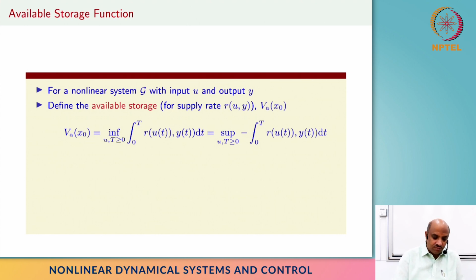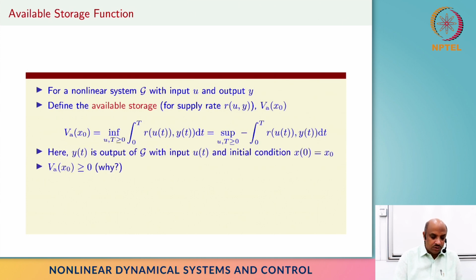Available storage is this complicated looking infimum or supremum, and so here we start the initial condition at x0. Let's look at this expression once again and try to understand the definition, right? Available storage is that you start the system with an initial condition and some input u, and we are trying to find the function at x0.